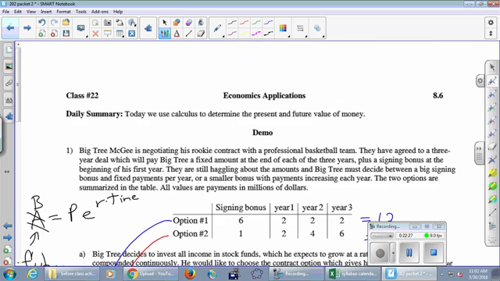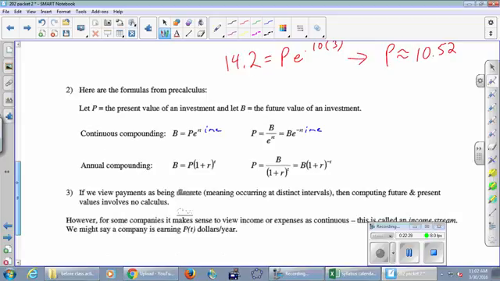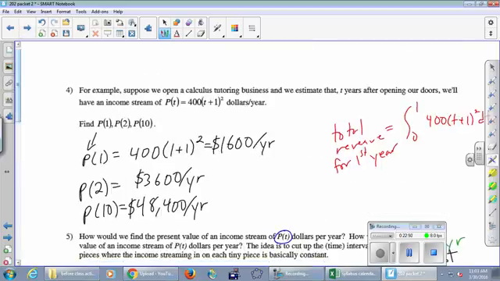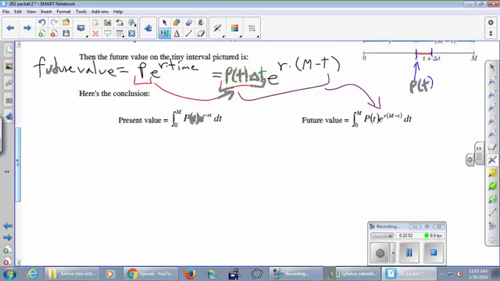If you solve this equation for p, our present value, e to the rt goes over there, which brings upstairs as a negative rt. This expression is the thing that's going to get plugged into our integral, that e to the negative rt. We're not going to go through the derivation, but it's the same idea.